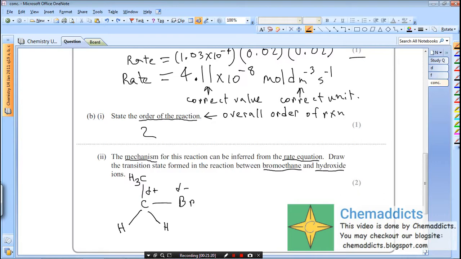It is required to mention that this is the RDS step.